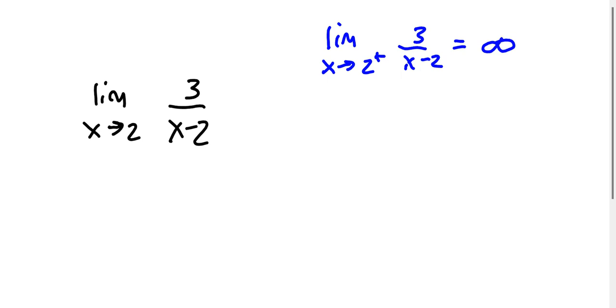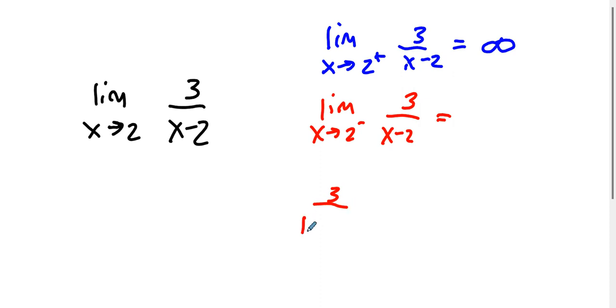Now let's check from the left side. The limit as x approaches 2 from the left side: we're going to use a number that's barely smaller than 2. So we're going to take 3 over, let's say, 1.9999 minus 2.